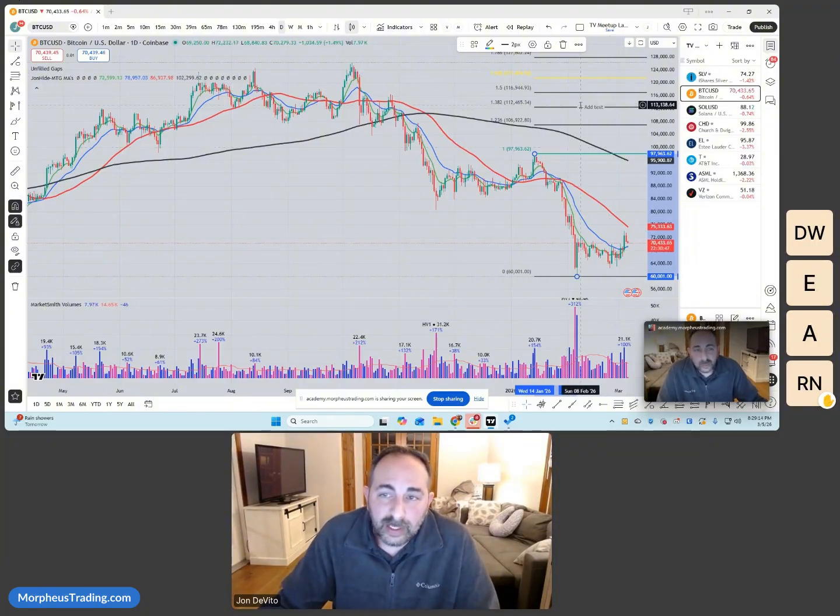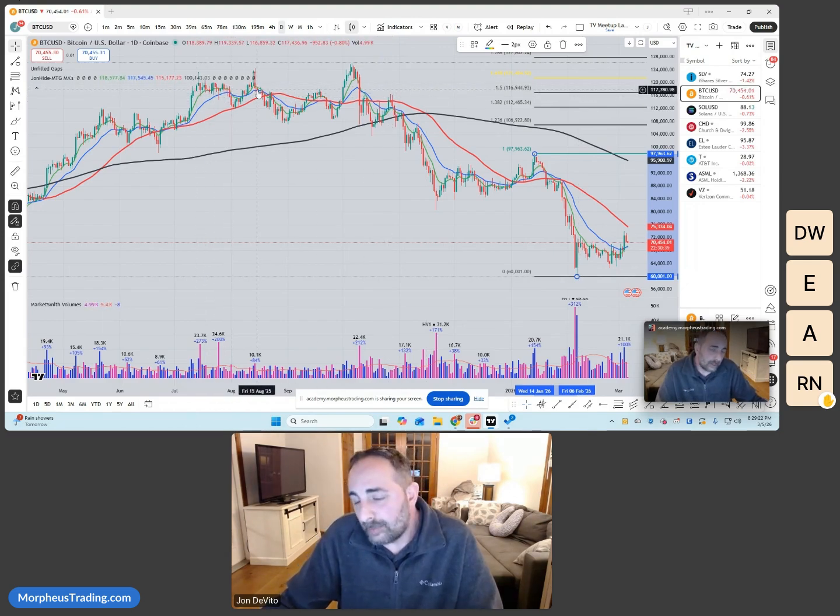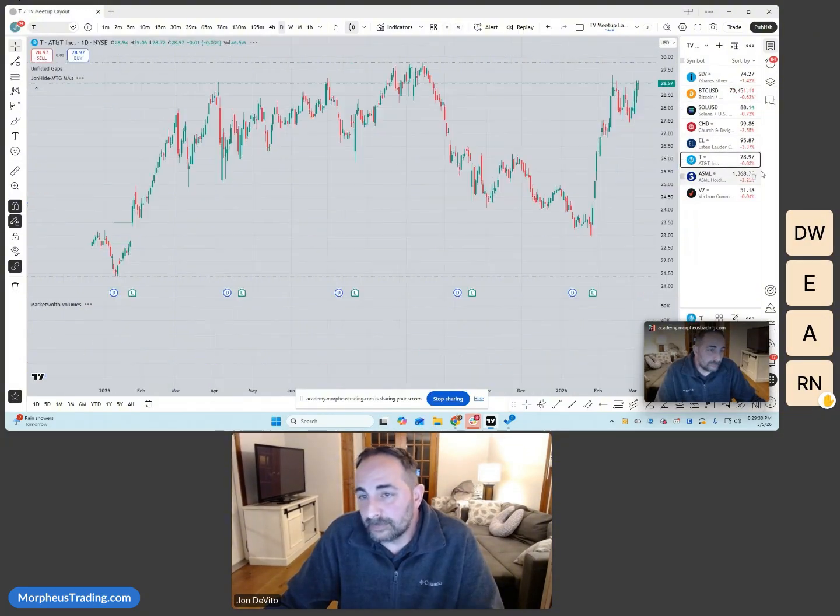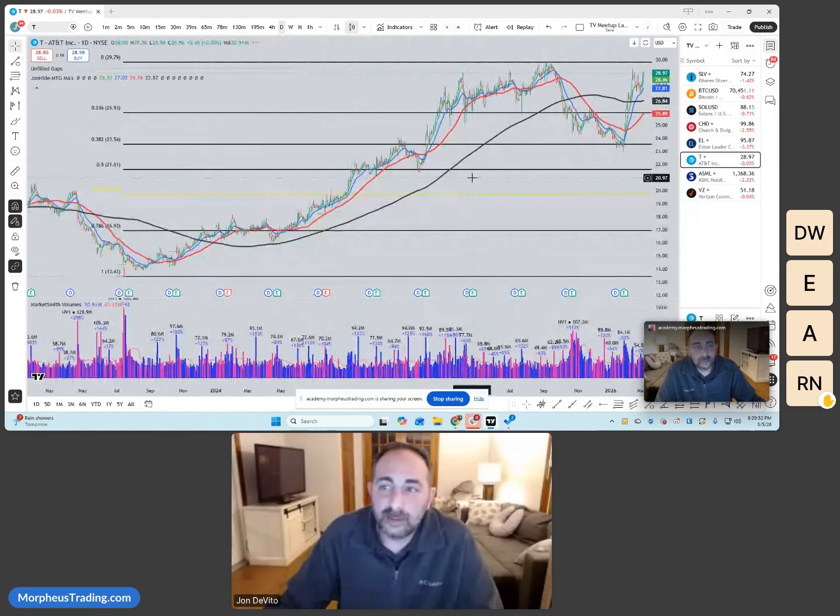For me, when it hits the area of confluence up here of all of these pivots and all of these consolidation zones, I'd be thinking about taking some pieces off from there. And it's the same with one like this that's at an all-time high.